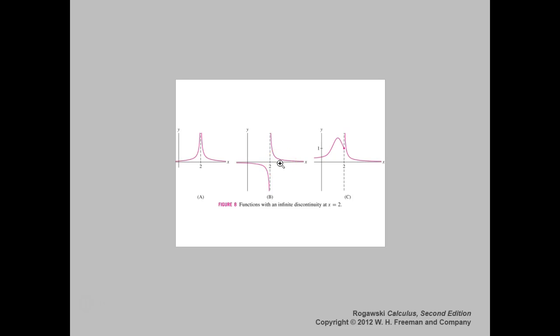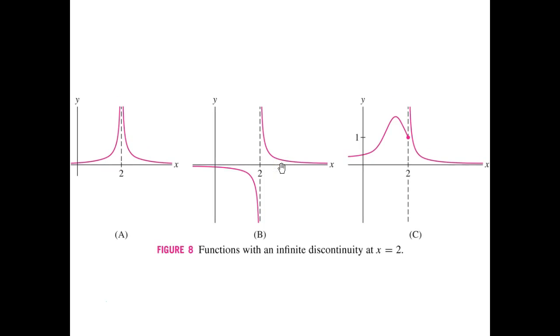Okay. These are three different examples of infinite discontinuities at x equals 2. As x approaches 2 from the left, it's going to positive infinity. From the right, it's going to positive infinity. So then can you conclude, since they're both going to the same place, this is continuous?